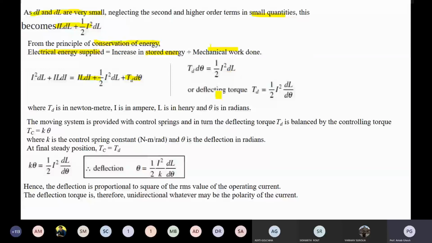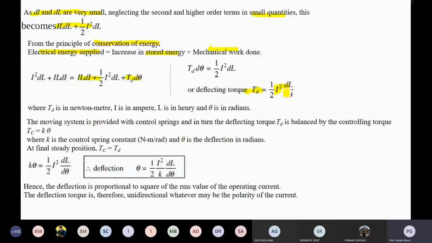So what is the deflecting torque? Td equals half I square dL by d theta. So you can see Td is directly proportional to I square. In a PMMC instrument, deflecting torque is directly proportional to I, that means theta is directly proportional to I. But in this case you can see it is proportional to I square.